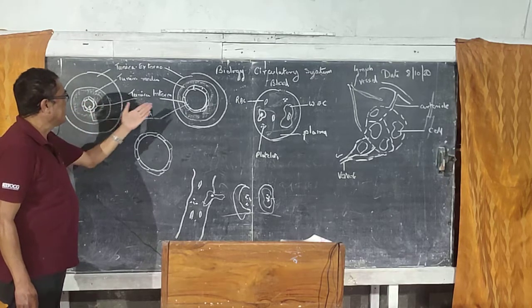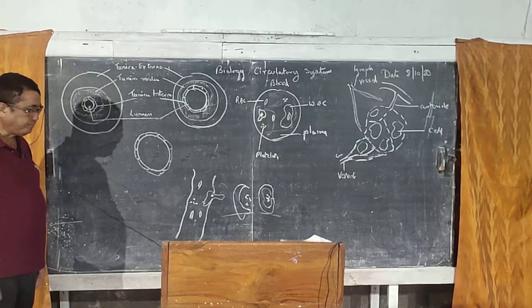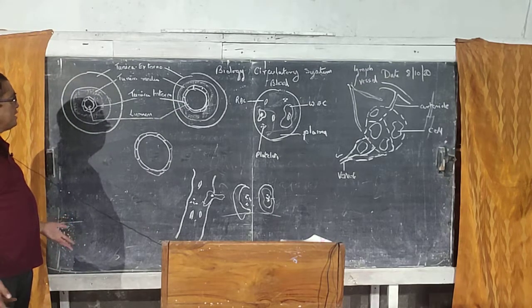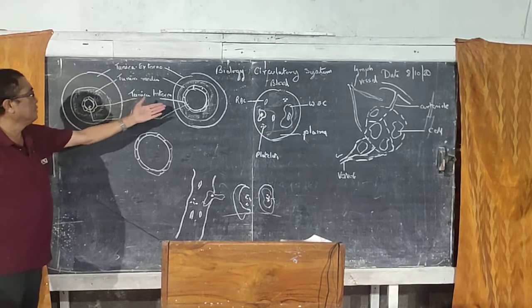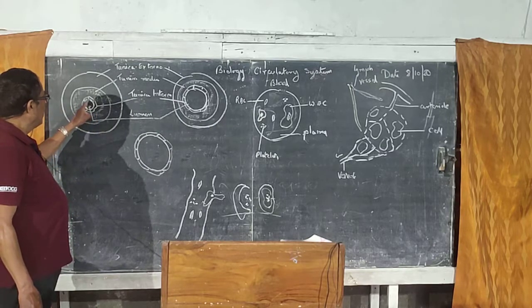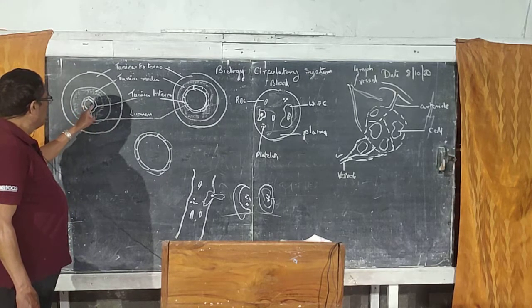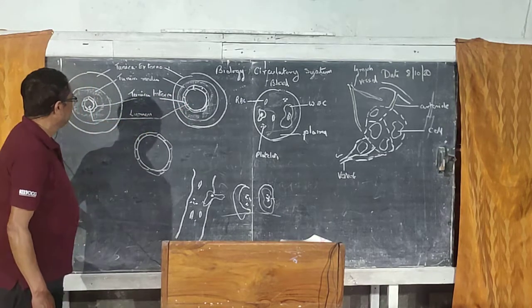And the space is lumen. Now, to identify which one is artery and which one is vein, both have the three layers. If you see in artery, the lumen is narrow, this one is broad.